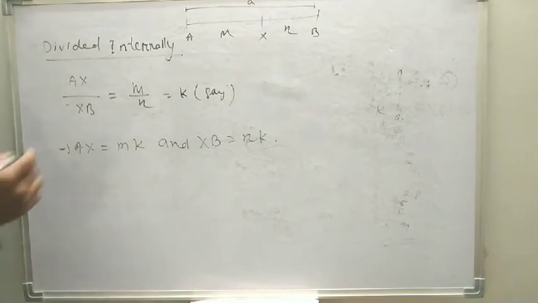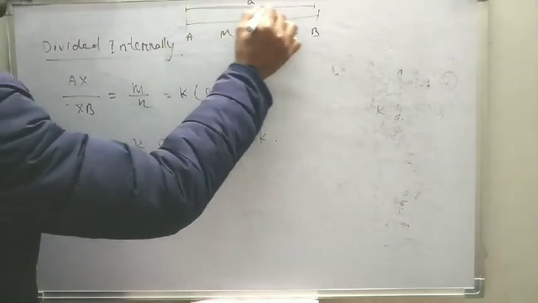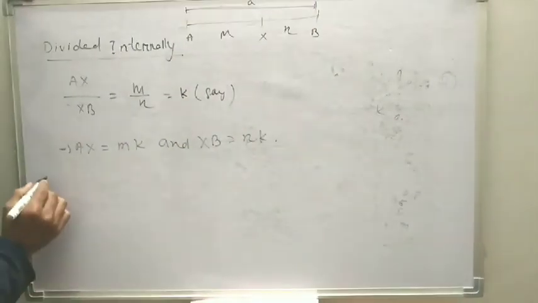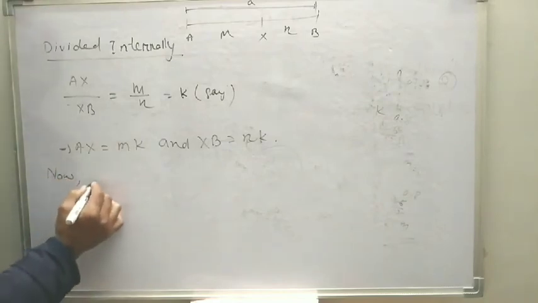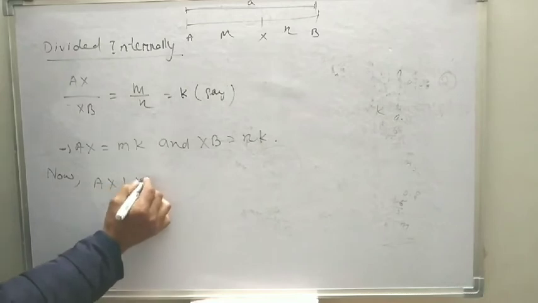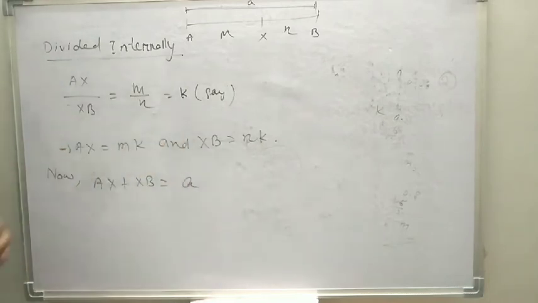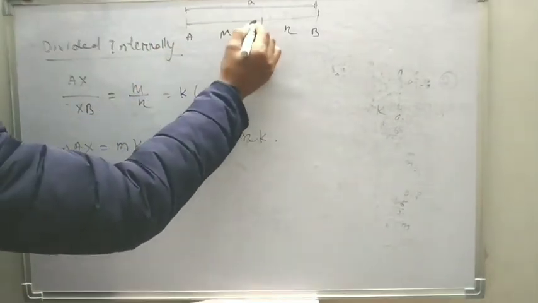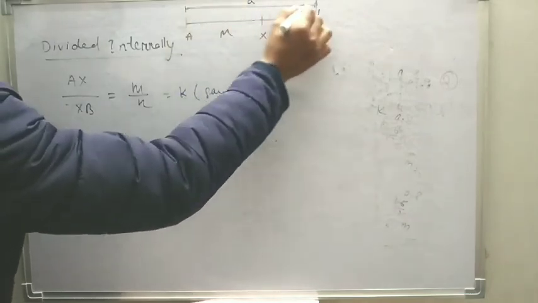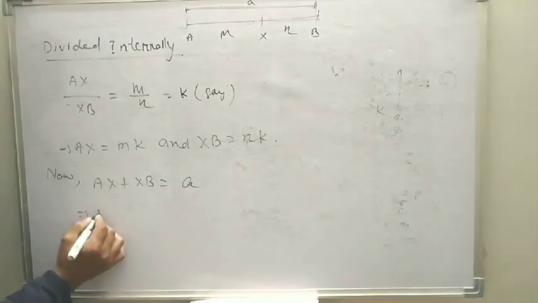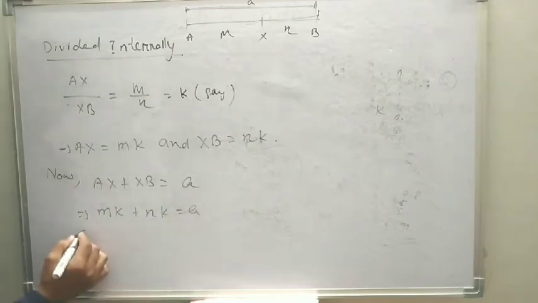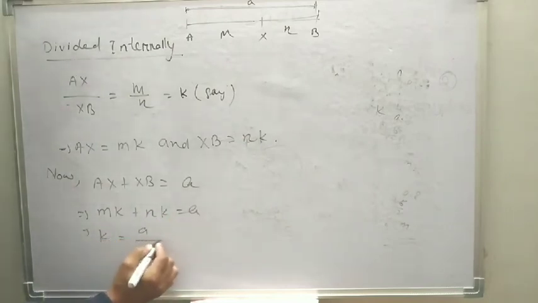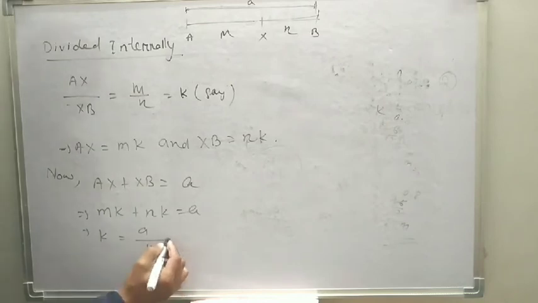Here AB is our total length, a centimeter. So we can write that AX plus XB is equal to a. That means m plus n, this length will be equal to the total length. So AX plus XB, mk plus nk, is a unit. So k will be a by m plus n.